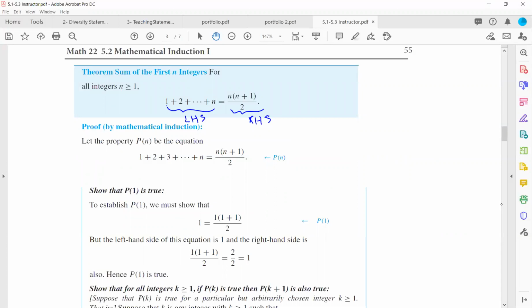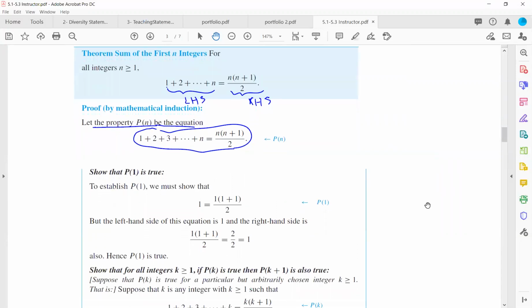So first of all, let us identify P(n). This statement, left-hand side is equal to right-hand side, is your P(n). The first number in your domain is 1. So we plug in 1 into the statement that we have and we show that it is true.